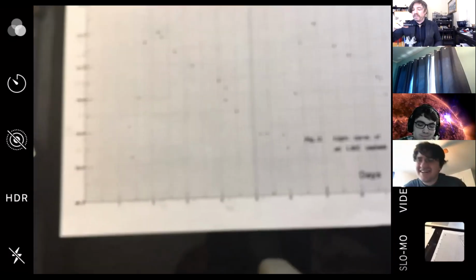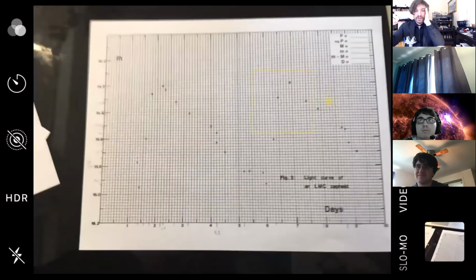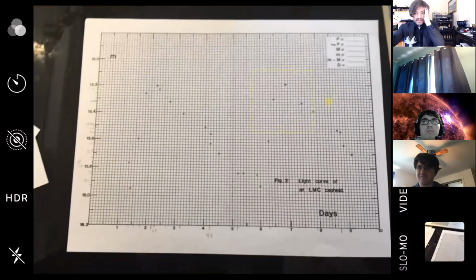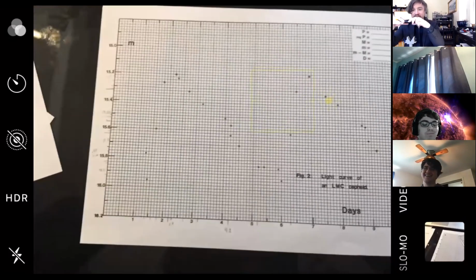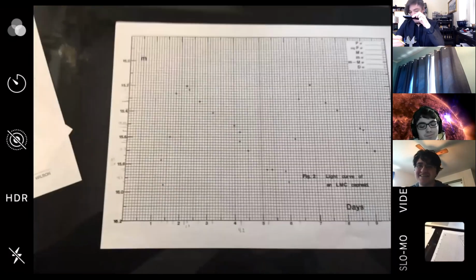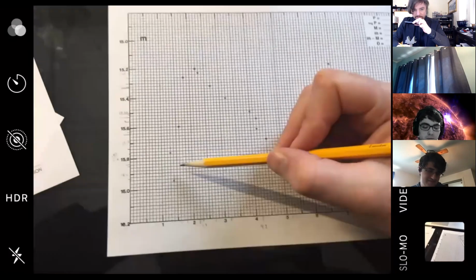Guys, it's not a best fit line this time. It's a smooth organic curve. Only Pee Wee Herman connects the dots. We have to make a smooth organic curve, okay? So watch me try to do this.